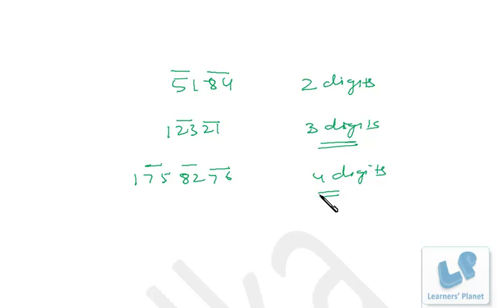Okay, so this way you can find out the number of digits in the square root of the given number, right? Just make pairs and see how many pairs are formed. If there are single numbers, then they will also be counted. 1, 2, 3, 4 digits. Okay.